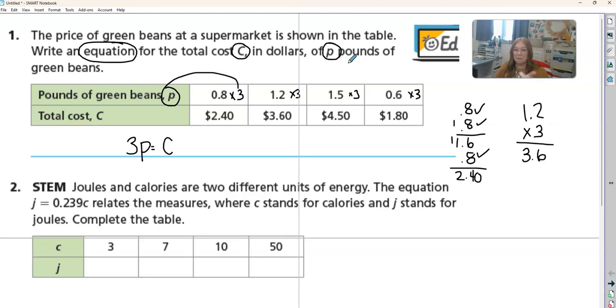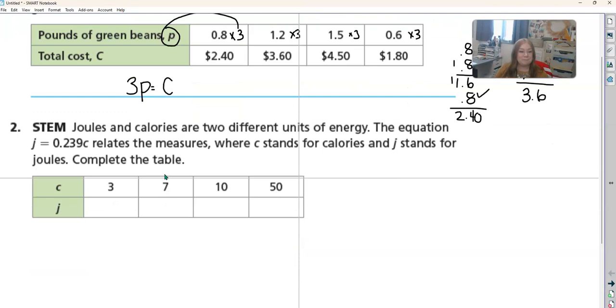Oh, we know the pattern was times 3, so we need 3 times P equals the C. So here's our independent variable. I get to choose how many pounds I'm going to buy, but this will be the total cost.